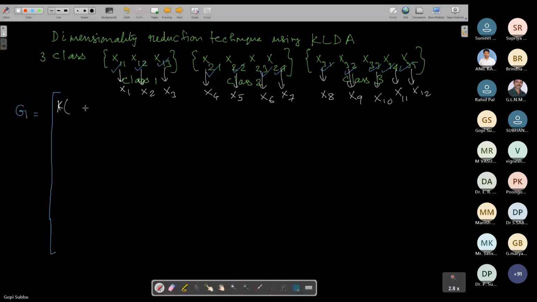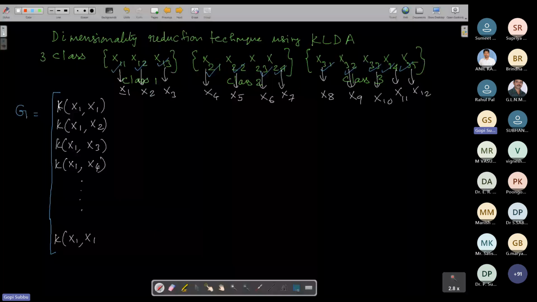Take the first vector x1 and then all other vectors: k of x1, x1, then k of x1, x2, then k of x1, x3, then k of x1, x4, and it goes like that.